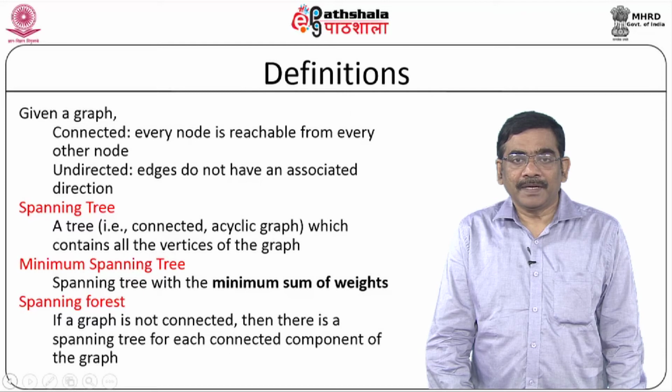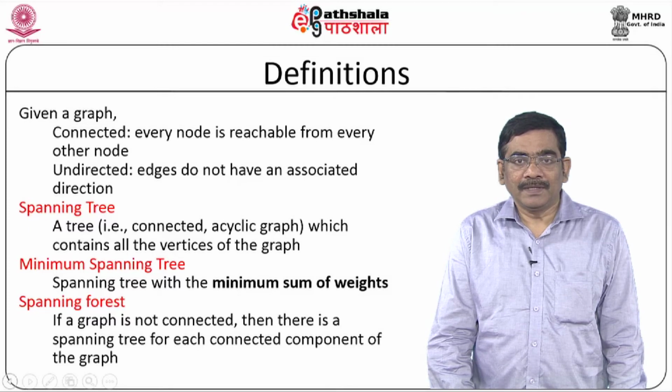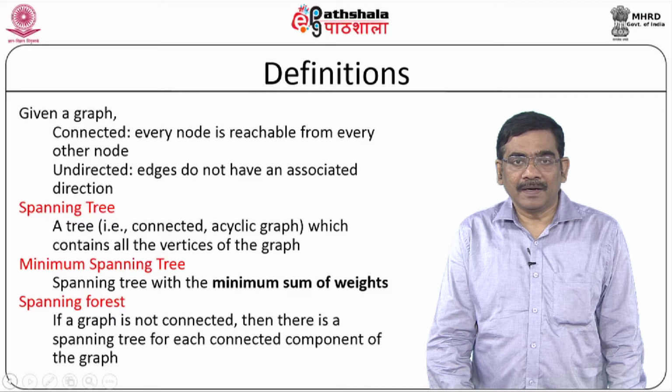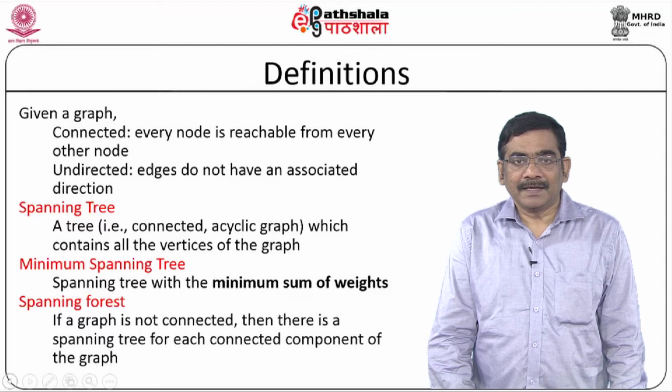What we are trying to do is generate a tree where all the vertices are available, but we ensure that cycles are not present in the spanning tree, and also we ensure that no node is isolated. So, the objective in short is to generate a connected acyclic graph that contains all the vertices of the given graph.